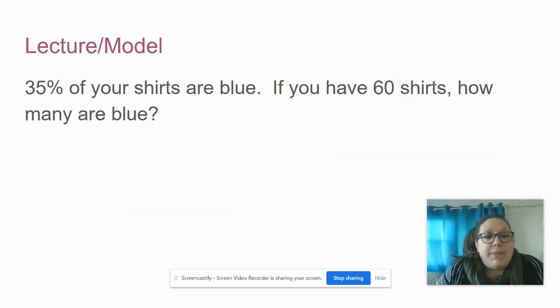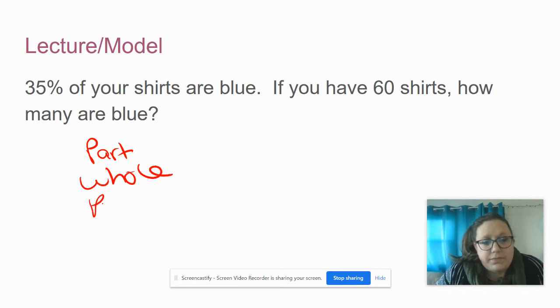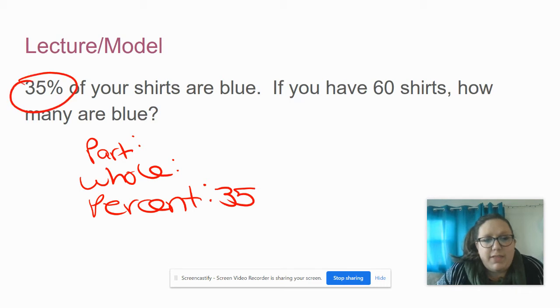All right, 35% of your shirts are blue. If you have 60 shirts, how many are blue? So we're going to identify our part, whole, and percent here. We know our percent is 35. That's the easiest to identify because it has the percent sign next to it. You have 60 shirts and we're looking for the blue.